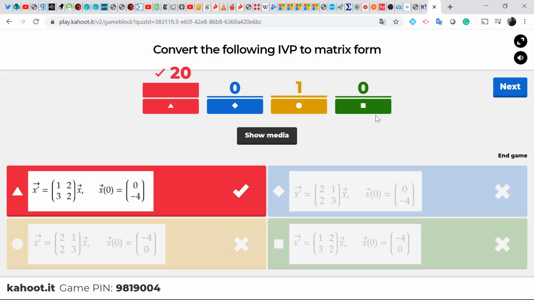Okay, well done. Very good job. In this case, we have an IVP that implies another vector, called x0 or x of 0, and it is 0 and minus 4.